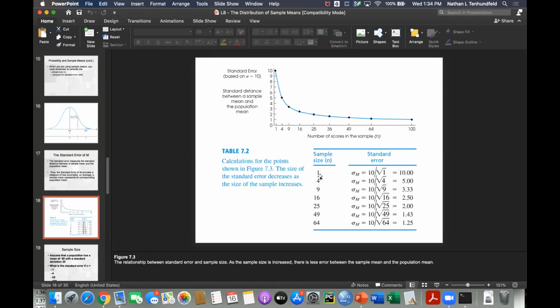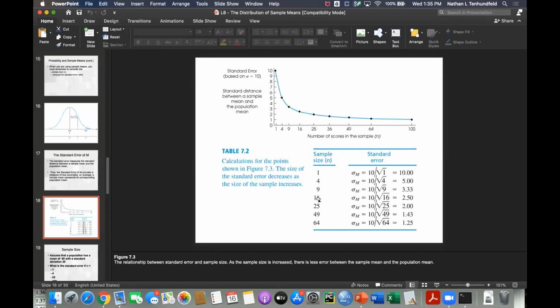If you have 4 people, the standard error of the mean is going to be the standard deviation divided by the square root of 4, or 10 divided by 2. If you have 9, it's going to be standard deviation of 10 divided by square root of 9, which is 10 divided by 3, or 3 1/3, 3.33, and so on.